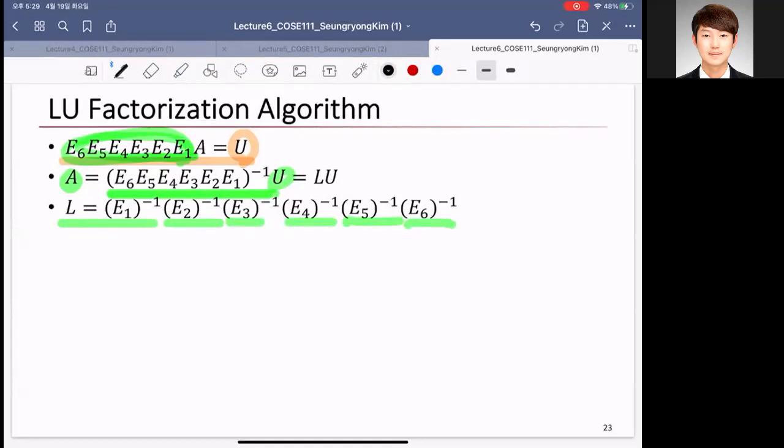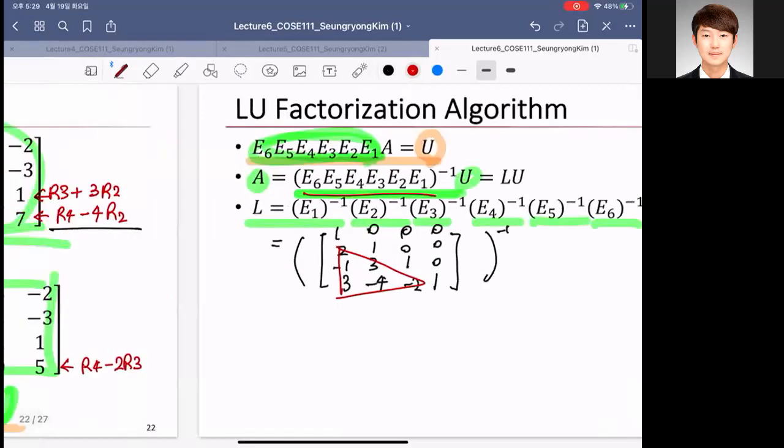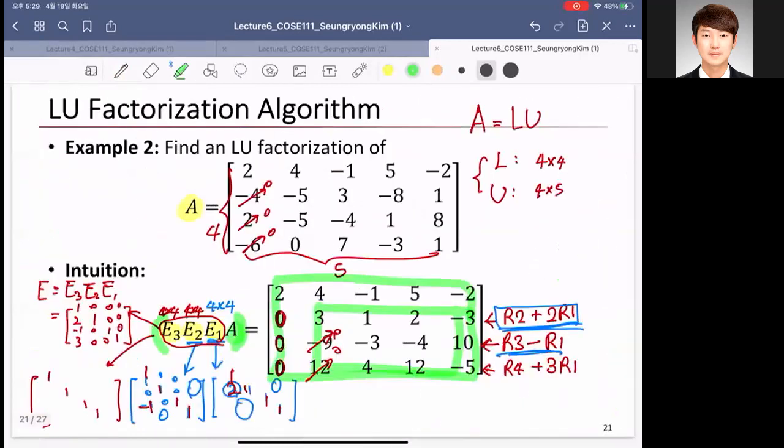Again, this one is the inverse of 1, 1, 1, 1, 2, negative 1, 3, 3, negative 4, negative 2, 0, 0, 0, 0, 0, 0, here. By multiplying this matrix, this one, this one, this one, this one, this one, this one, right?